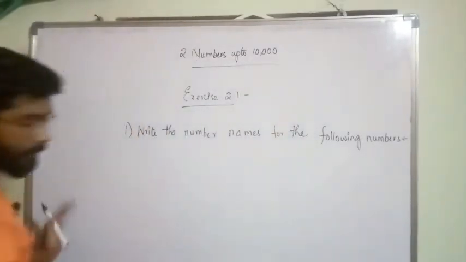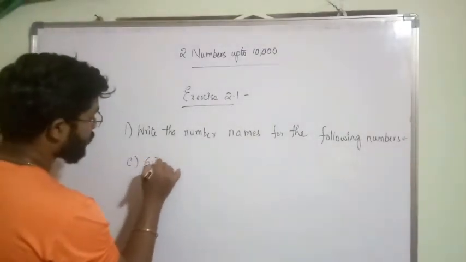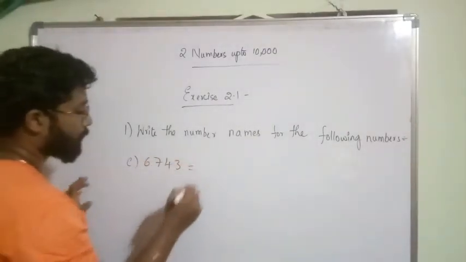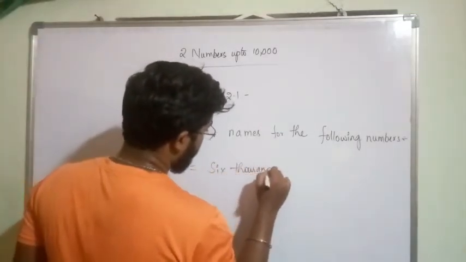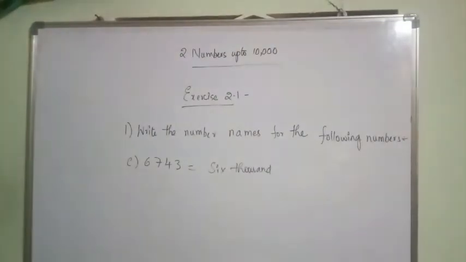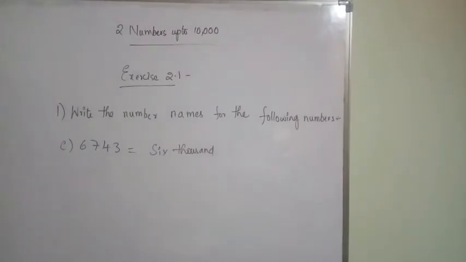So what is this number? 6743. Okay, 6743 means 6743. This is the number.